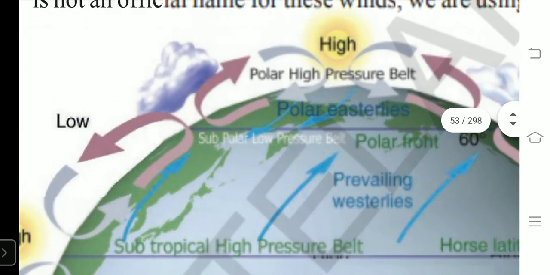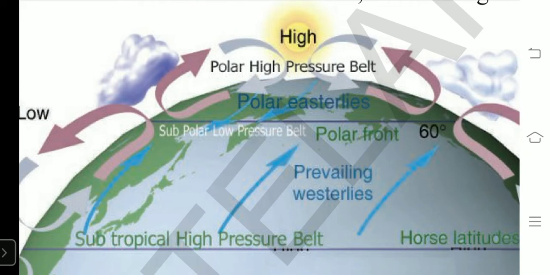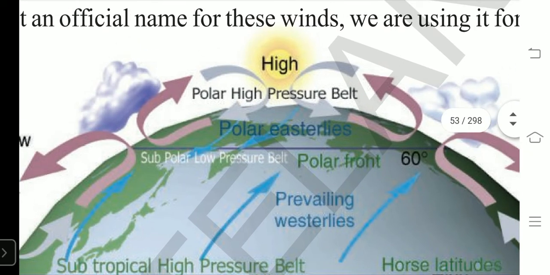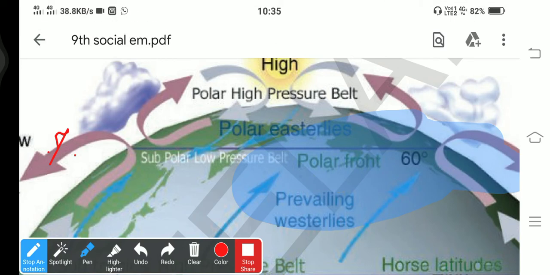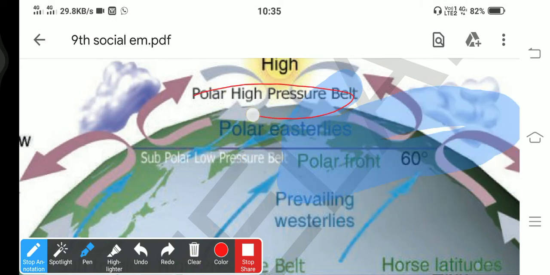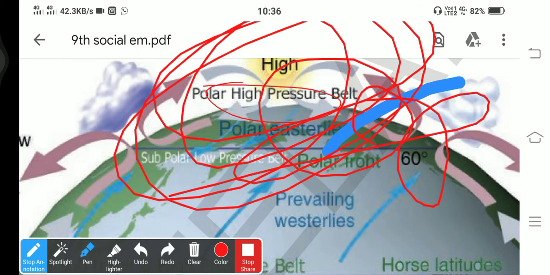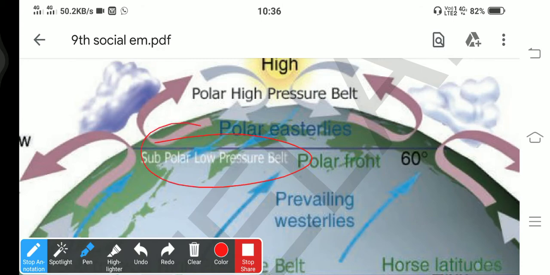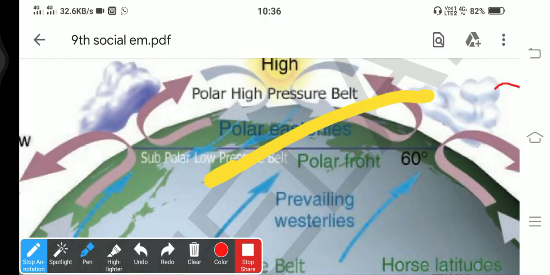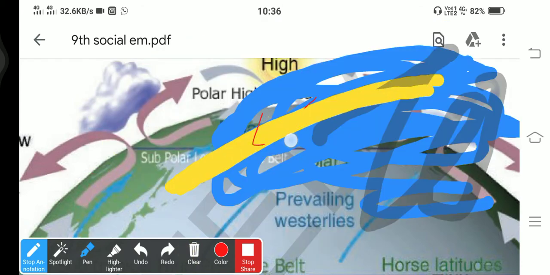Polar winds. These are the polar winds which blow from the east direction, from the polar high pressure belt to the subpolar low pressure belt. Those are in the direction of east.